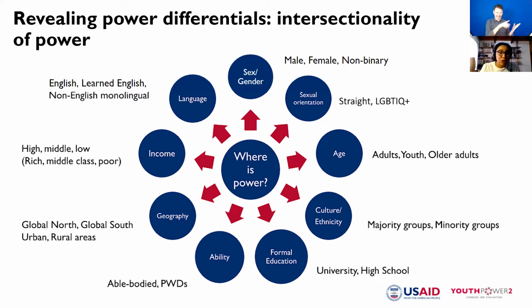Some of those circles refer to your level of formal education, your gender identity, the language or languages that you speak, your income, your social capital, etc. And now I am going to invite you to please take a piece of paper or write down a note on your computer, on your phone, whatever is easier for you. And please identify the characteristics in each of those circles that represent yourself.